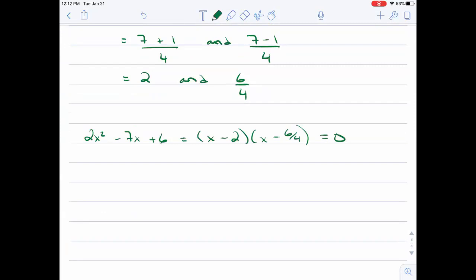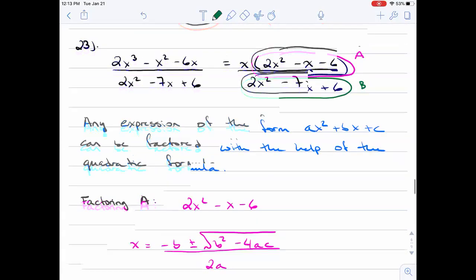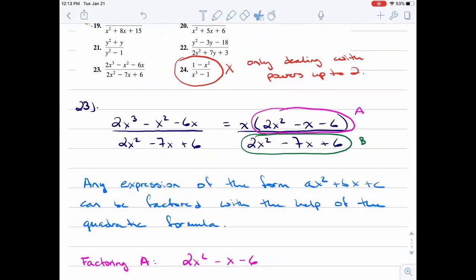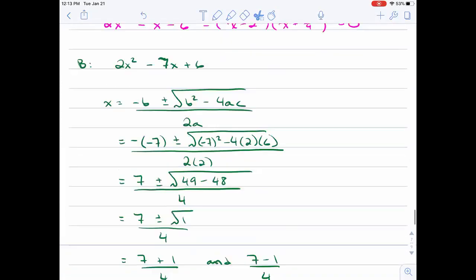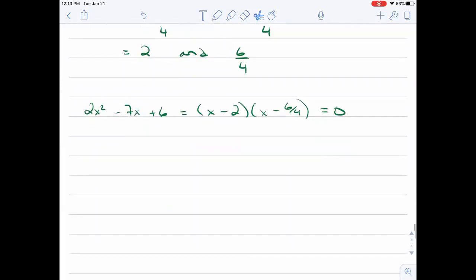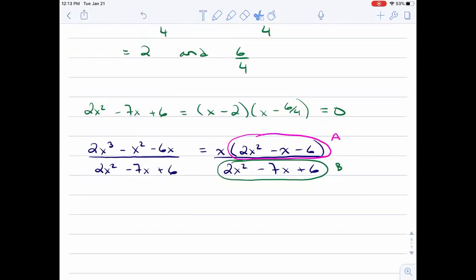Now that we've factored, we can plug them all back in and see where we're at. So let me just steal this that we had from before. Copy. Paste. So this is what we had before.